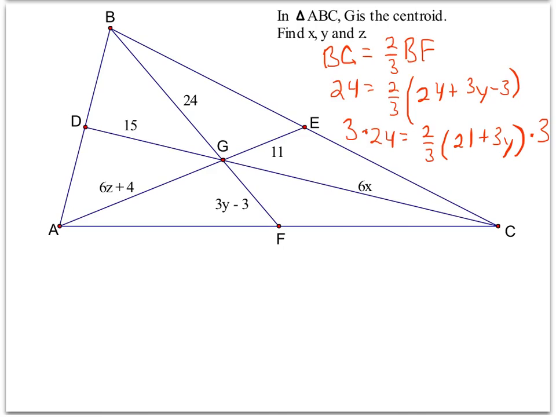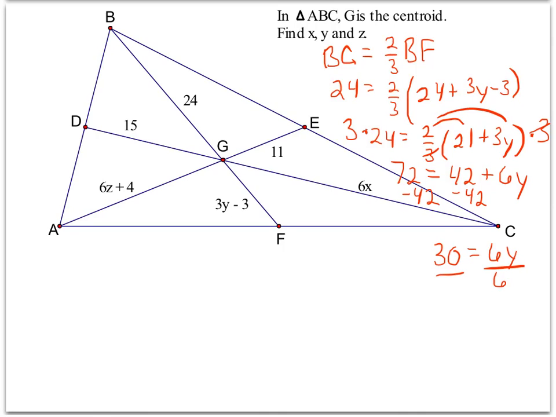And 24 times 3 is 72, is equal to 3 over 3 is 1, so we're left with 2 times the quantity of 21 plus 3y, which I can distribute the 2 to each term. So I get 42 is 2 times 21, plus 6y. Finishing up solving for y, we can subtract 42 from both sides. And 72 minus 42 is 30 is equal to 6y. So solving for y, divide both sides by 6, and y is equal to 5.